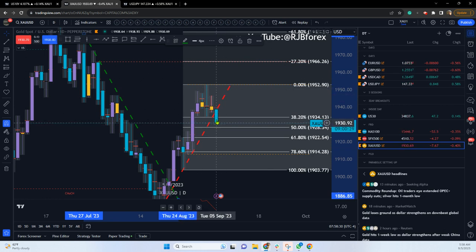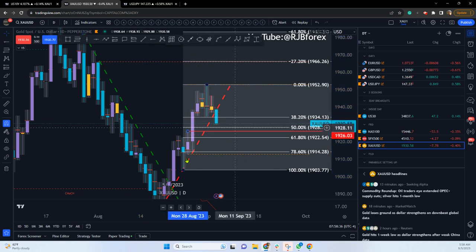Right, this looks like it's got some legs though, and we've got an obvious target there of those highs as a potential support.